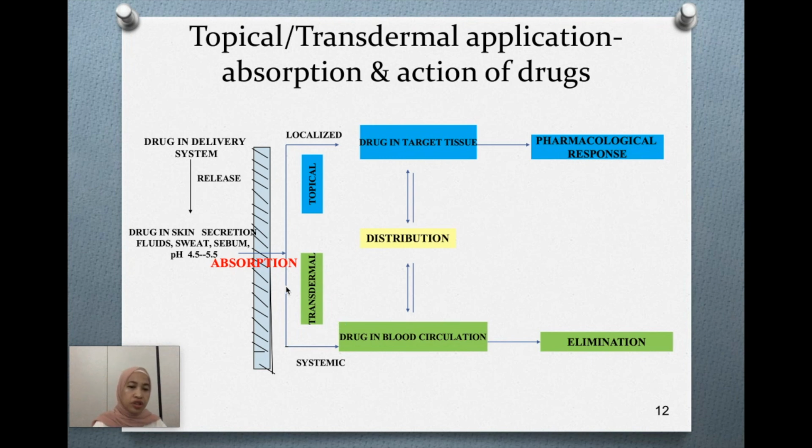Now, as for transdermal, it needs to go into the systemic circulation. Therefore, the drug is in the blood circulation. Once it's in the blood circulation, it will be distributed, and then it will reach the drug target tissue and give a pharmacological response. Now, since the drug is also in the blood circulation, it can also be eliminated.